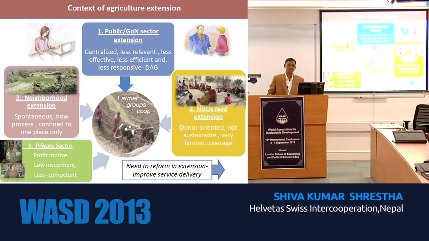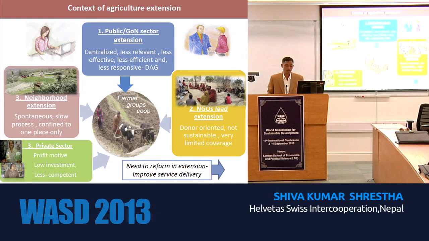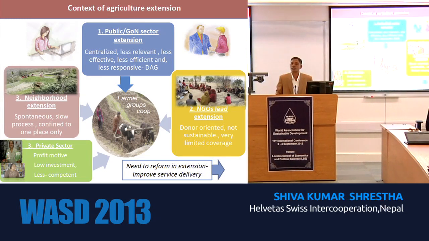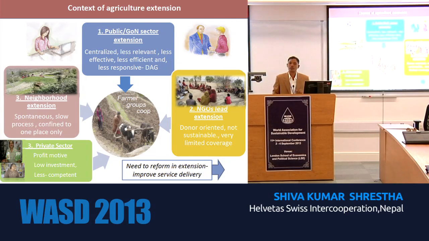This is highly criticized as it's a donor-driven concept, which is much less sustainable, and it has very limited coverage for the benefit of rural poor. And the last one is private sector agriculture extension, especially in the dairy and poultry sectors.